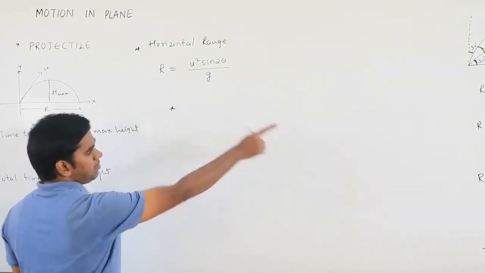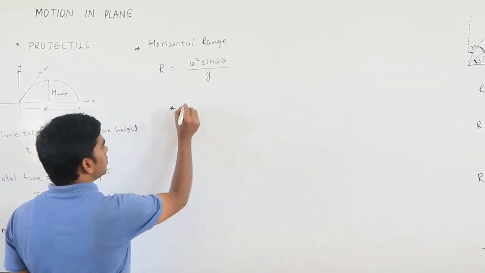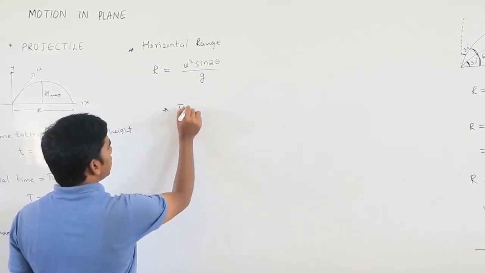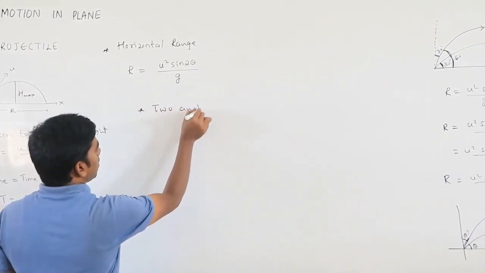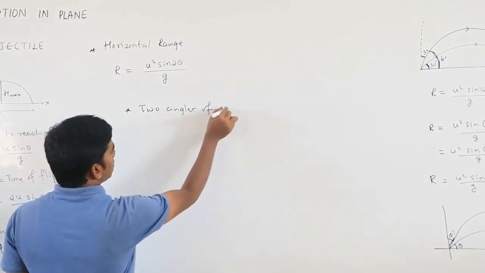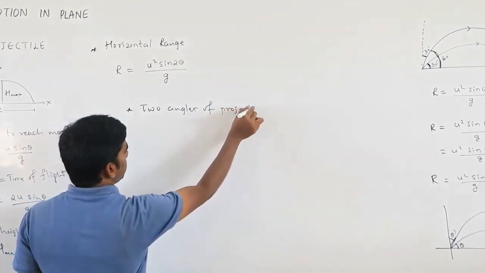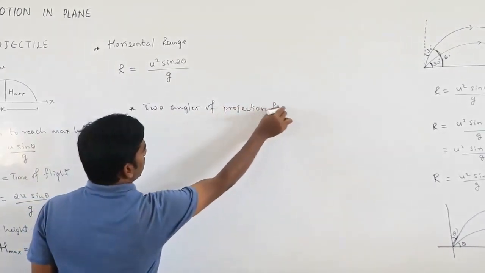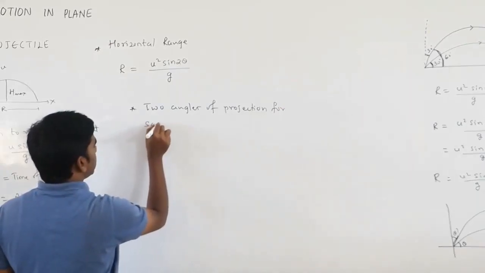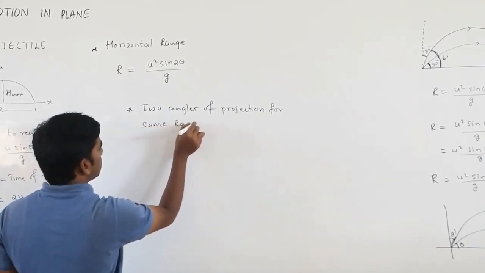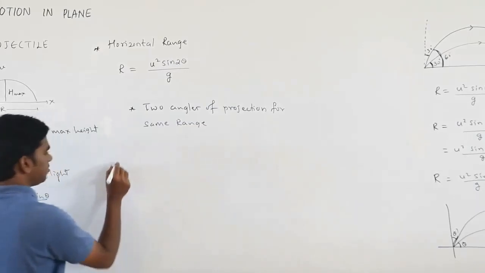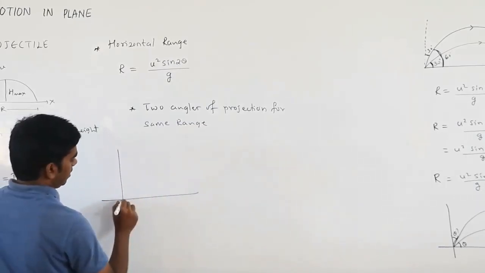So let me prove that in general. Two angles of projection for same range. What are those two angles? We'll see.